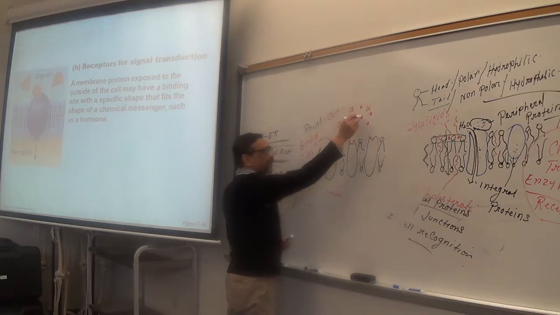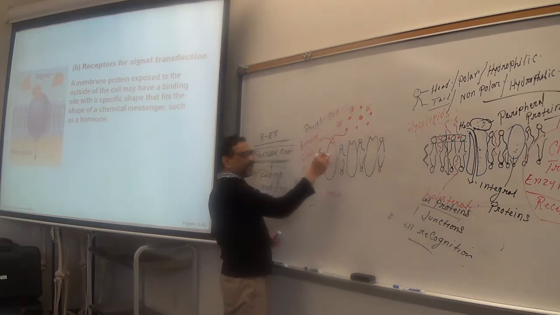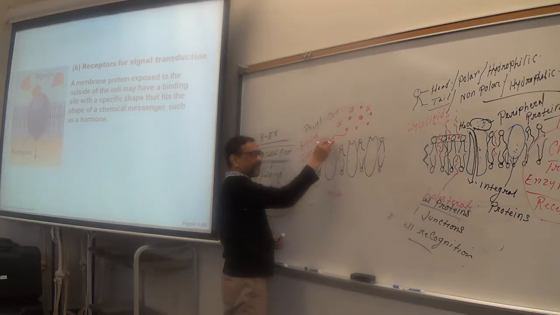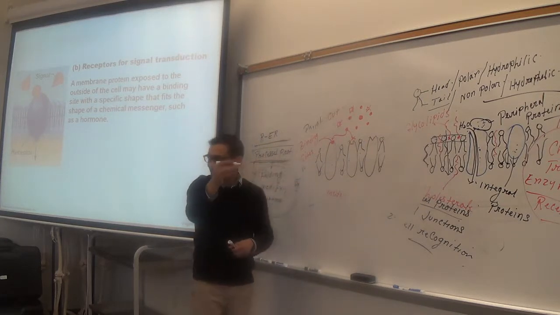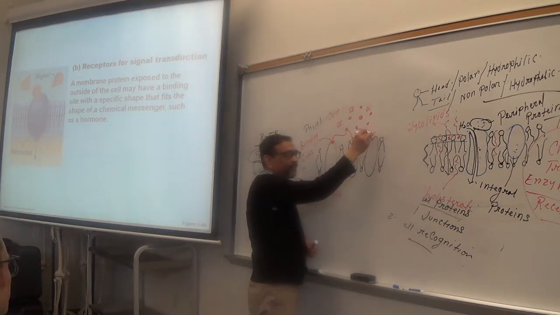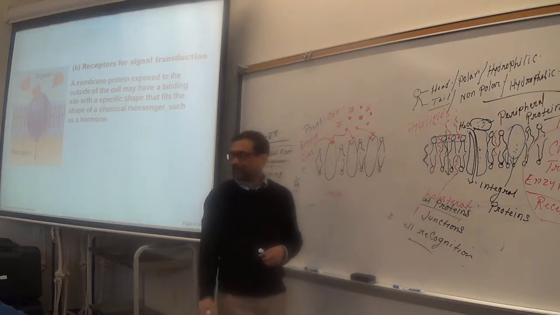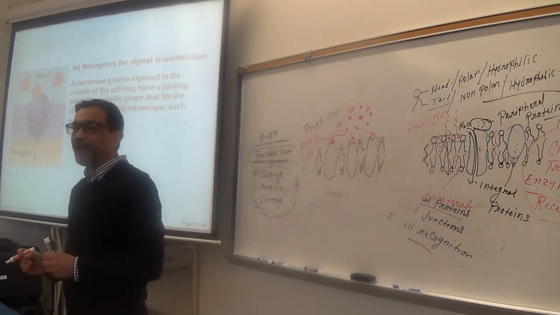The shape is this. It will come here on this integral protein and will fit very nicely because it is round. Make sense? If it goes here, this will say what? No, you cannot sit on me. If it goes here, it will say what? No, your shape doesn't fit, doesn't match with mine.